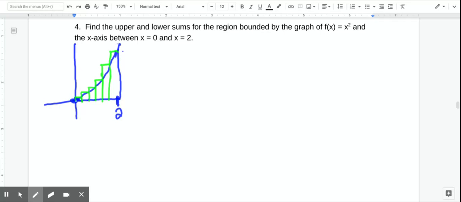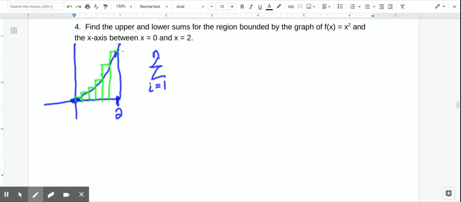So what I want to do is find the sum of all of those, okay? So what I want is the sum of the area of the first rectangle, the area of the second rectangle, the third rectangle, and so on, for as many rectangles as we have.